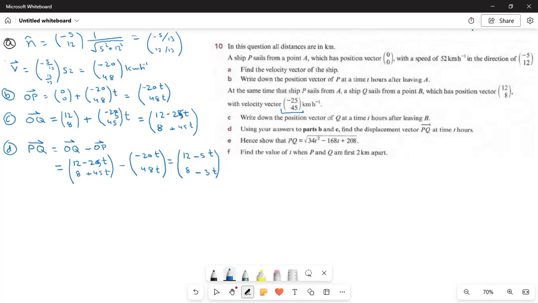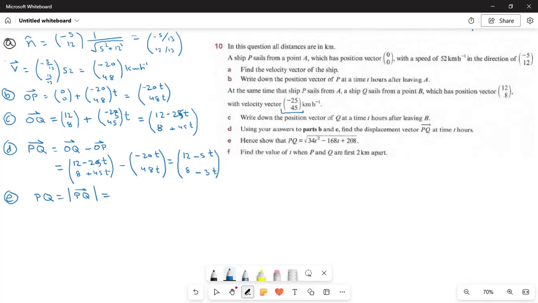Now, show that the distance PQ, this is part E. I need to find out the distance PQ. We write it as the magnitude of vector PQ.